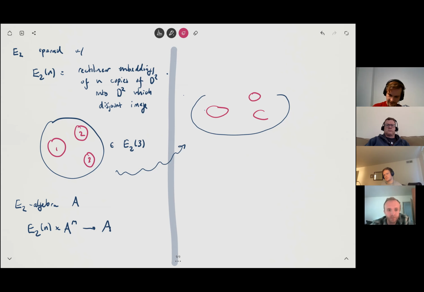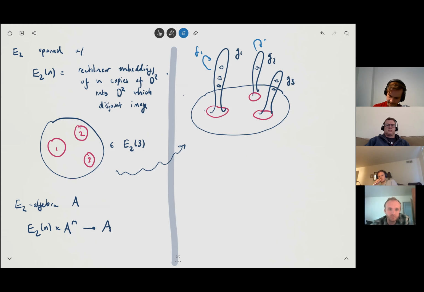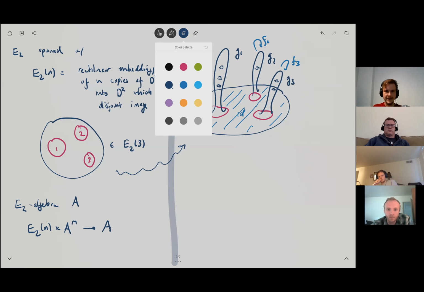The idea is that if you are given an element of the space of n-ary operations of the E2 operad, and you're given some diffeomorphisms of some surfaces, so these are surfaces of genus g_i, and they come with diffeomorphisms that are the identity on the boundary, then you can get a diffeomorphism of this larger surface by extending them by the identity.